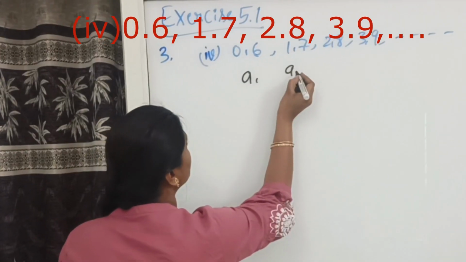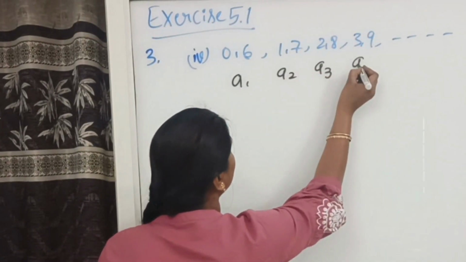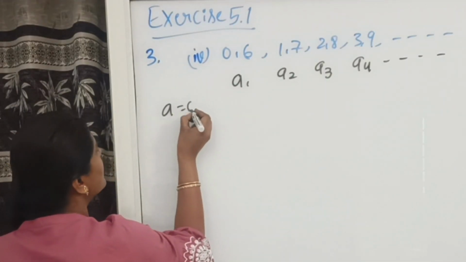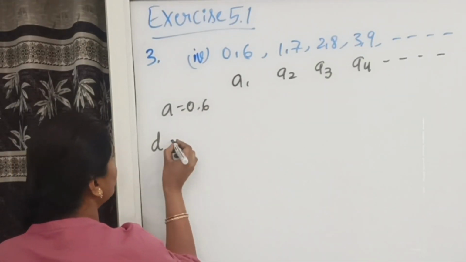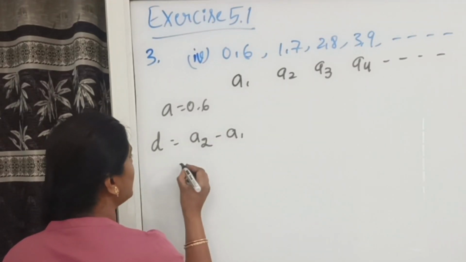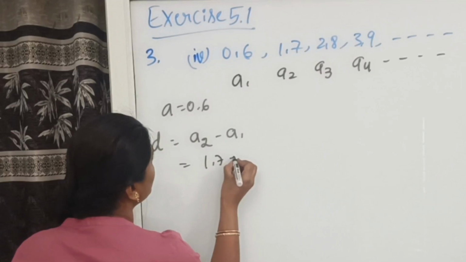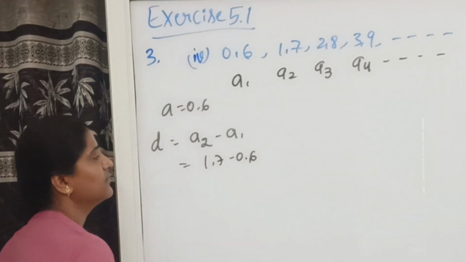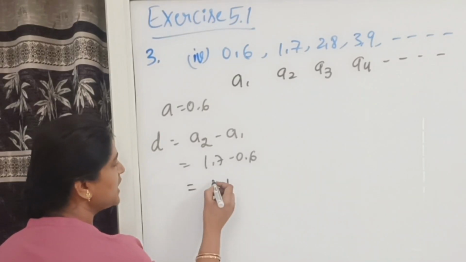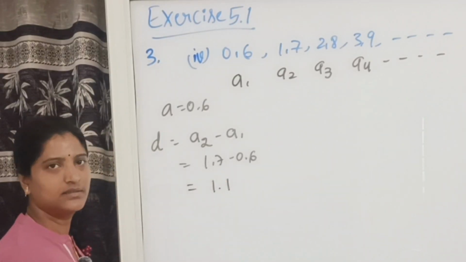This is A1, A2, A3, A4. The first term is 0.6. The common difference is the difference between two successive terms, A2 minus A1: 1.7 minus 0.6. 7 minus 6 is 1, 1 minus 0 is 1.